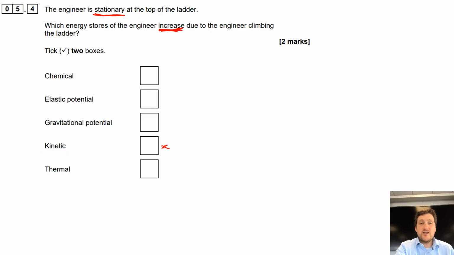It's not going to be elastic. He's not suddenly stretched his way to the top. And the chemical energy store has changed, but it's not increased. He's not eating food on the way up. So it has to be gravitational because he's higher up, at the top of the ladder, and thermal because there's always a little bit of thermal energy store dissipated along the way.